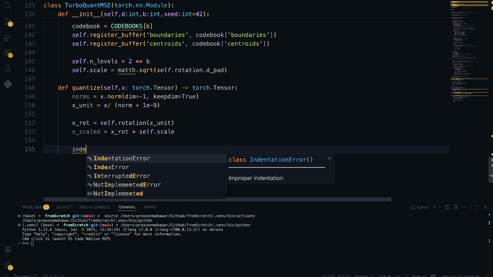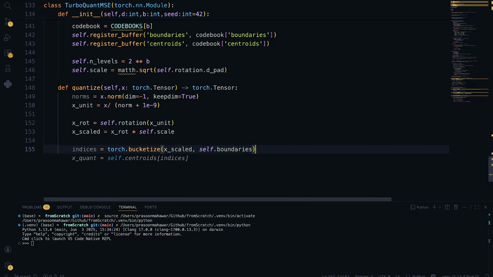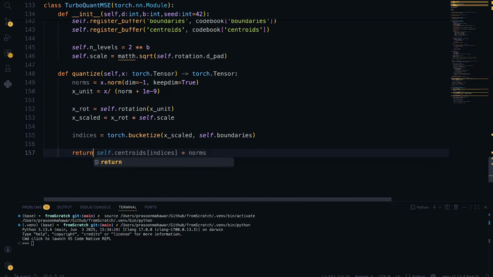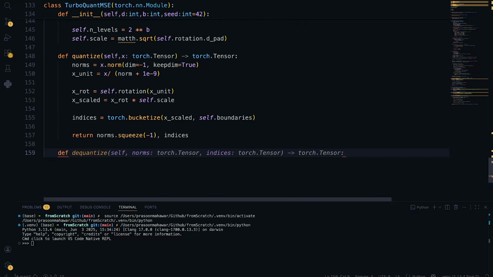So indices equals torch.bucketize of x_scaled comma self.boundaries, and we finally return norms.squeeze(-1) and indices.